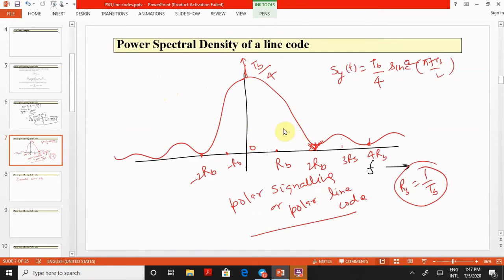You know the formula for bandwidth: the highest positive frequency minus the lowest positive frequency. Sorry, here we have to take the first null, where we are getting the first null point. So the difference between this first null point and this 0 will be the bandwidth of the signal, because most of the information or most of the power is residing in this area, right?